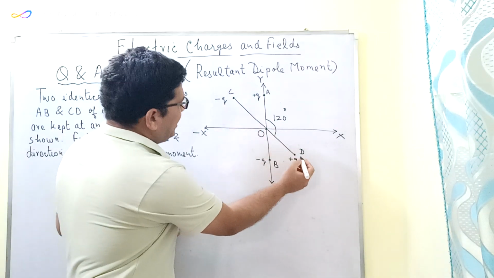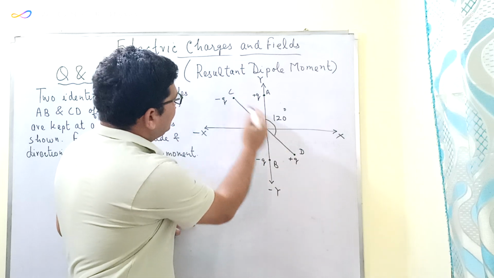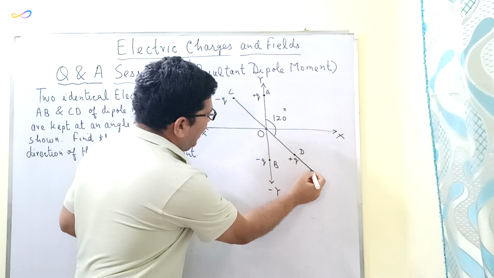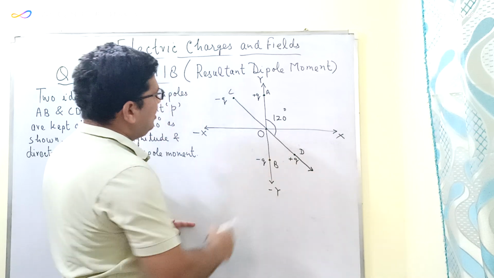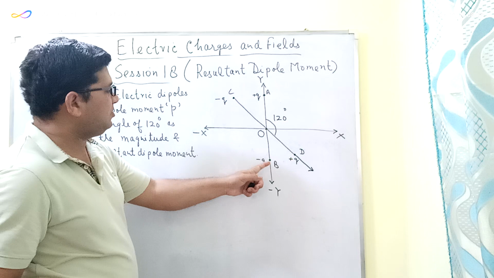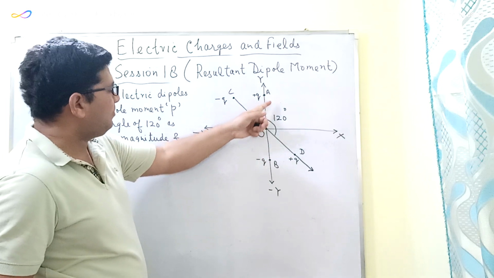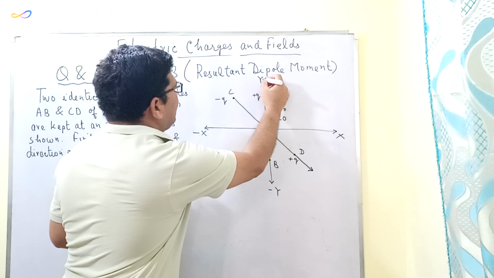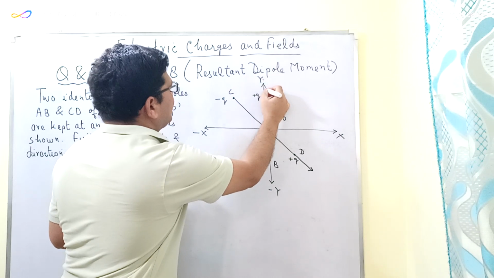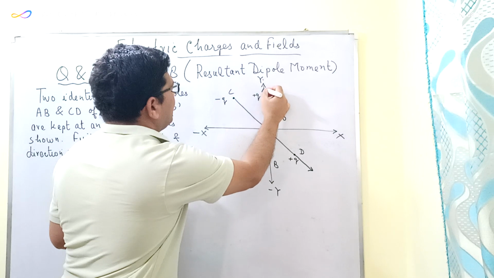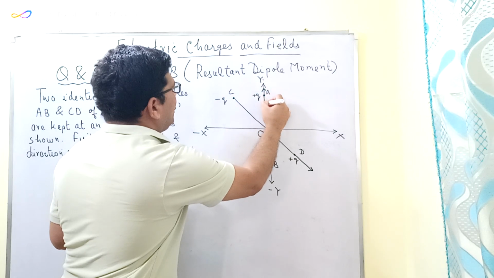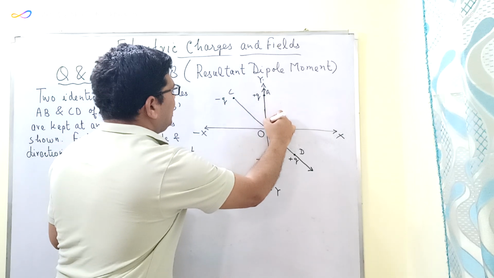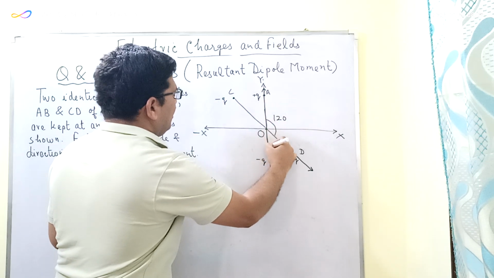So the direction of the dipole moment for this dipole CD will be as shown by this arrow, and the direction of the dipole moment of this dipole AB will be as shown by this arrow. That is, it will be along the positive y-axis like this. So this is the direction of the dipole moment of the dipole AB.